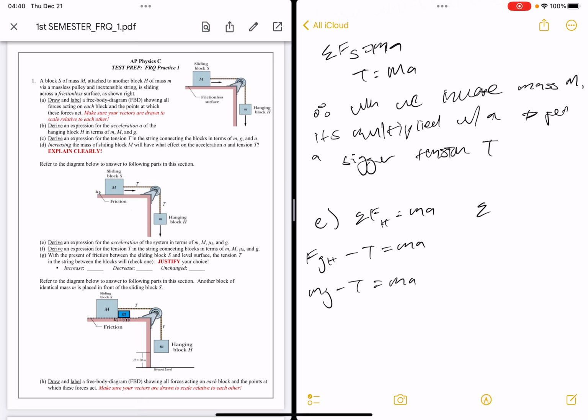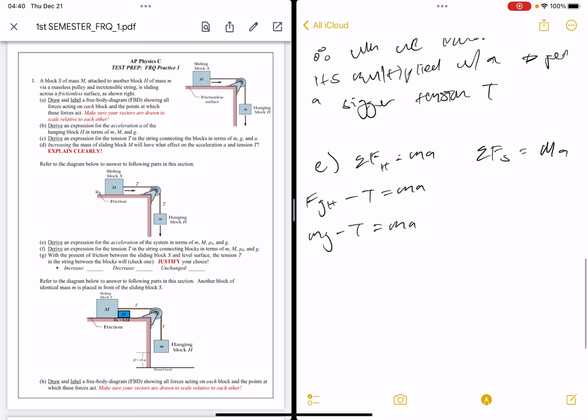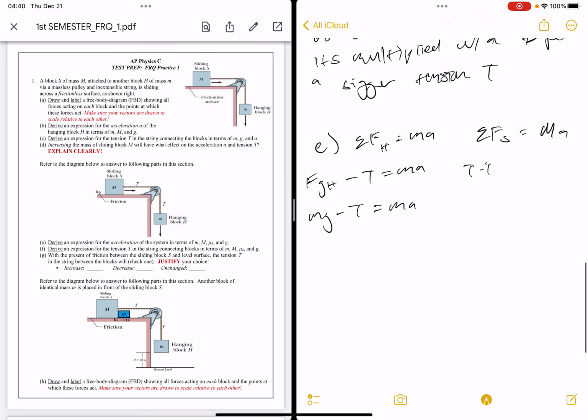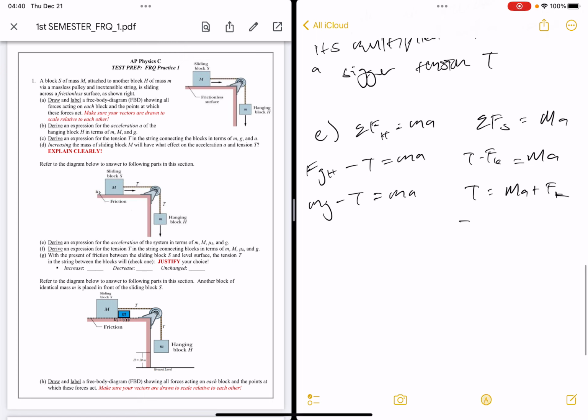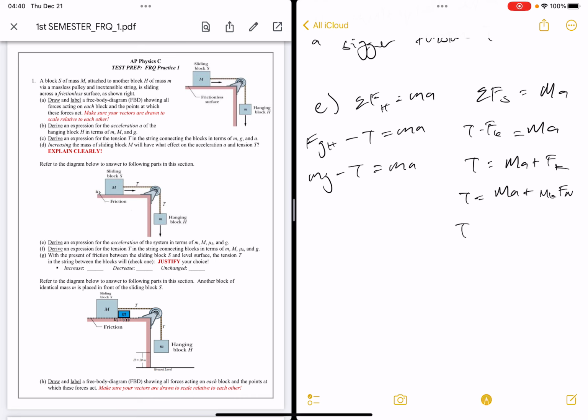So now I'm setting the force of block S. So T minus Fk equals Ma, and then T equals Ma plus Fk. And I'm going to expand this to T equals Ma plus mu k Fn.